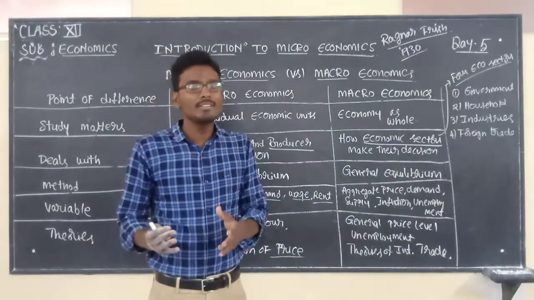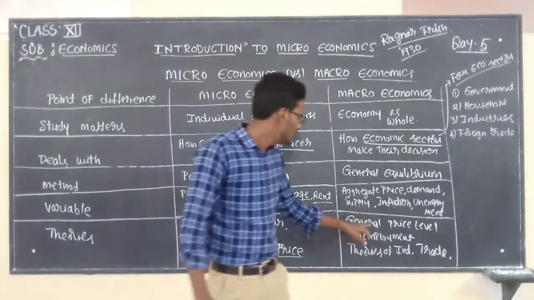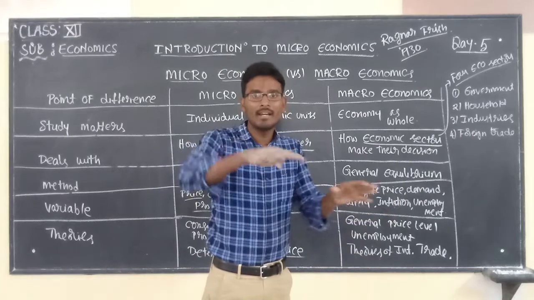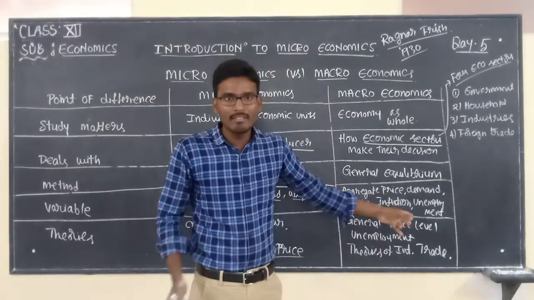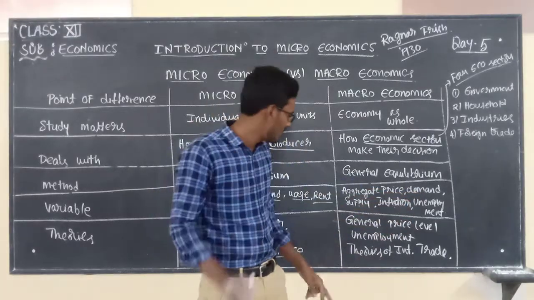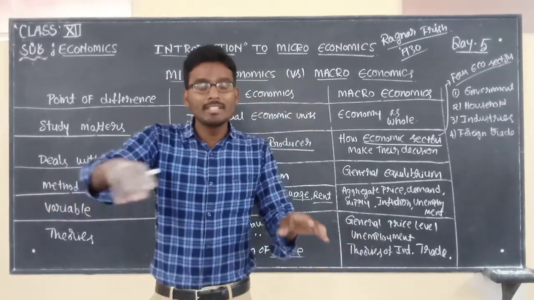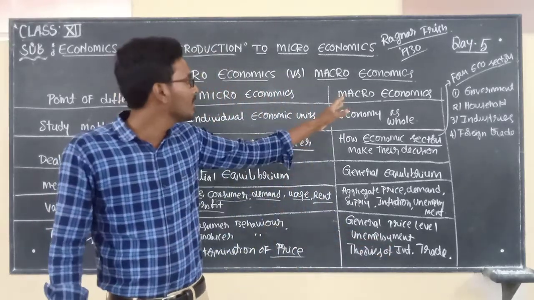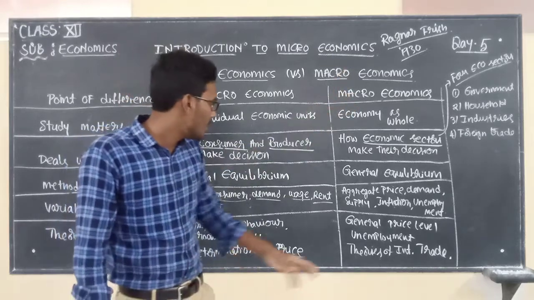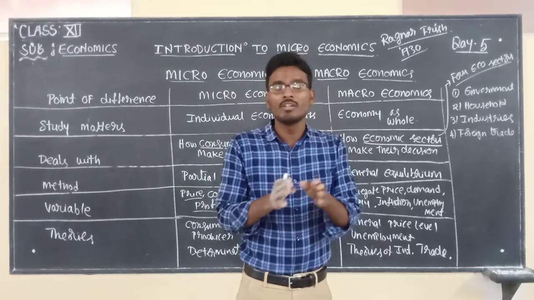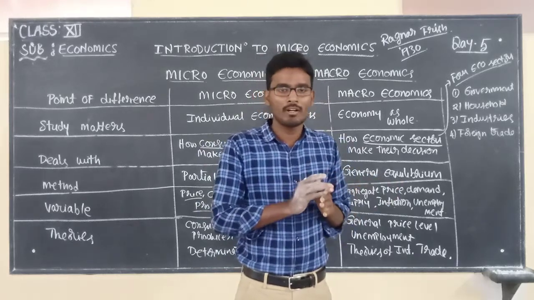Now what are the theories that come under macroeconomics? General price level, the complete price levels in a country. Shall we consider this the inflation and deflation, right? Yes. Next, unemployment levels, the total unemployment situation in India, that is macroeconomics. And theories of international trade also come under macroeconomics.